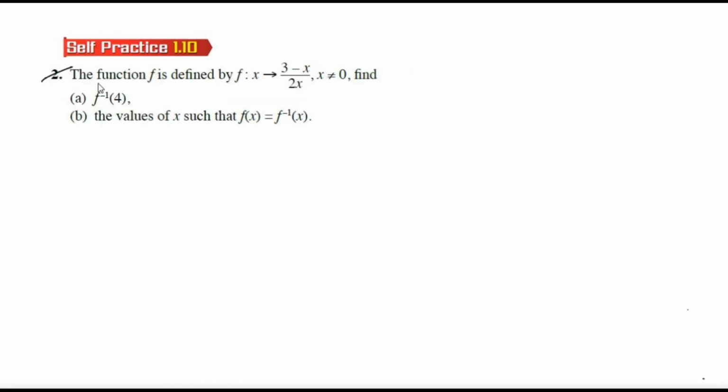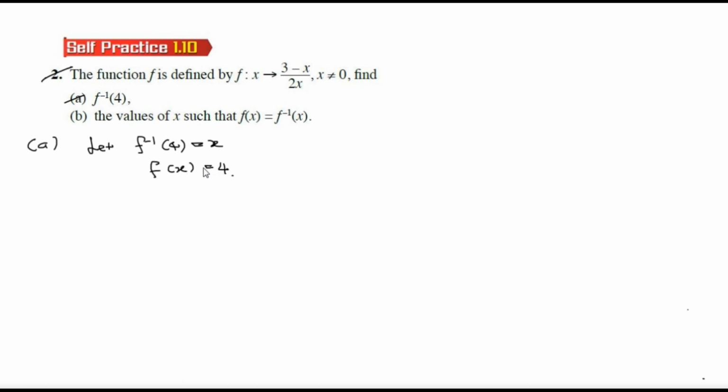Number 2, the function f is defined by fx equals to 3 minus x over 2x, where x not equal to 0. Find f inverse 4. So we can start with let f inverse 4 is equals to x, and then fx is equals to 4.